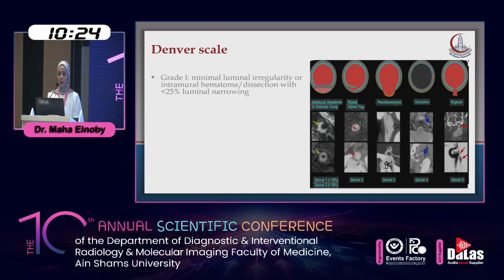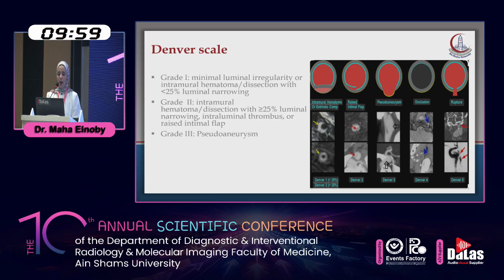Grade 1, as we see here, is minimal luminal irregularity or intramural hematoma or dissection which causes luminal narrowing less than 25%, like this one. Grade 2, intramural hematoma with more than 25% luminal narrowing, like this one, or raised intimal flap.